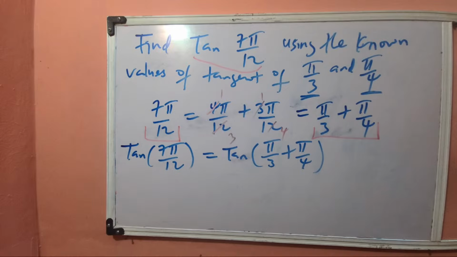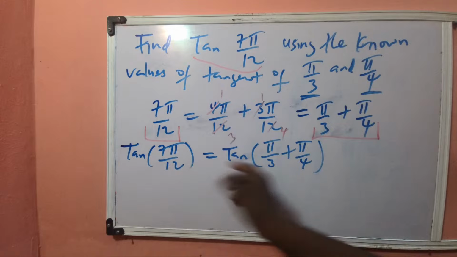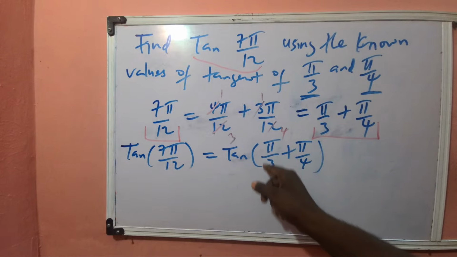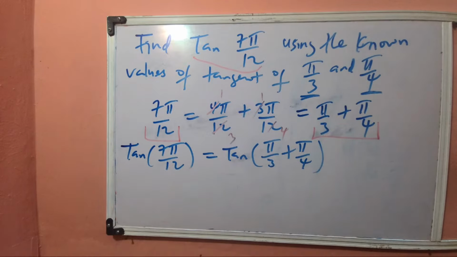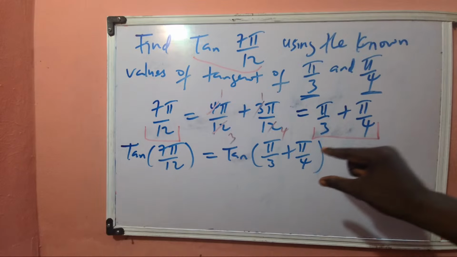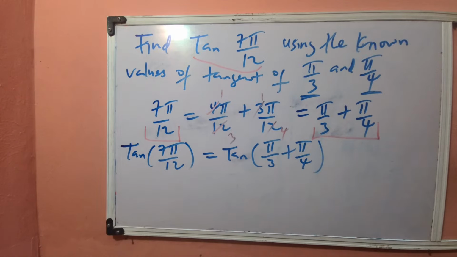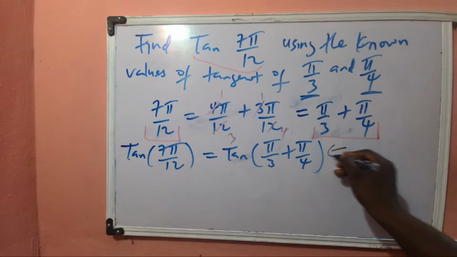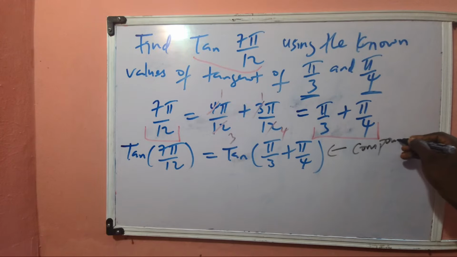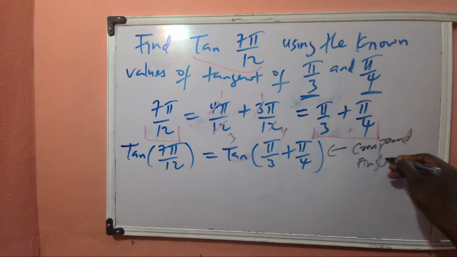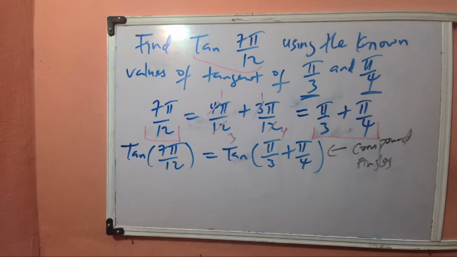I can go on to write this because 7 pi over 12 now, I've written it as pi over 3 plus pi over 4. Now, I'm sure you guys understand that when you have a question like this, this is a typical example of what we call compound angles under trigonometry.